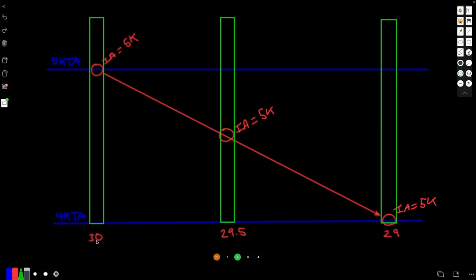The altimeter has been dialed into 30, and let's say it requires X amount of pressure, and let's say X is equal to 10 particles of air. Certainly that's not the case, but it's just for demonstration's sake. So 1, 2, 3, 4, 5, 6, 7, 8, 9, 10. So this altimeter, when set to 30, requires 10 particles of air.